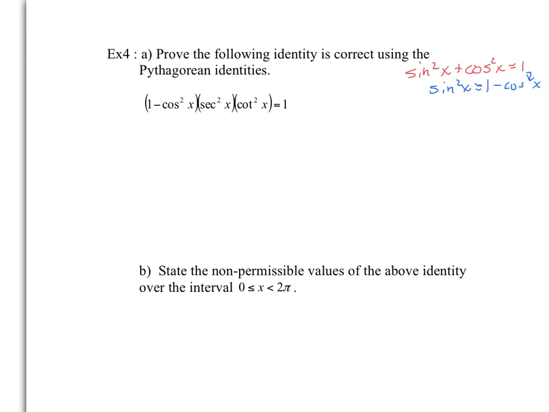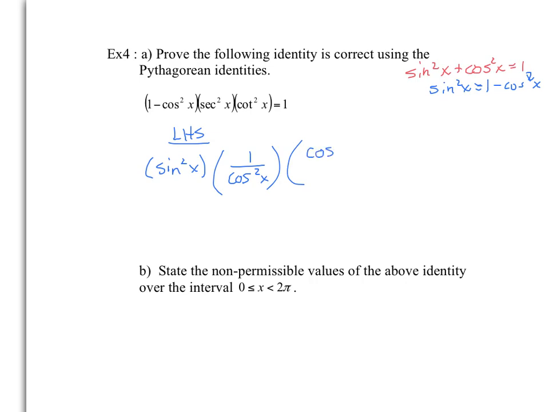Okay, well that means I could replace this left-hand side, so we're going to work with the left-hand side here. I could replace the first part with sine squared x. Alright, well this part, I know this is 1 over cos. So often in identities, what we're going to do is change everything to sine and cos, a little bit like what we did in the beginning of this lesson. And then this part, I can change into cos over sine.